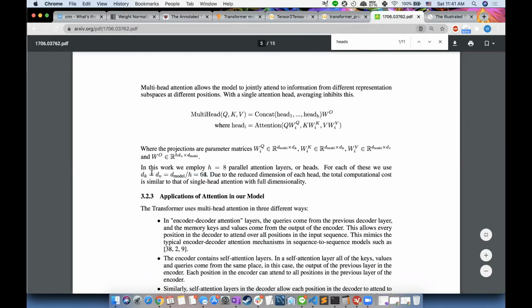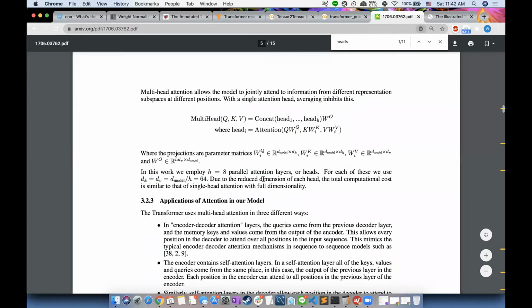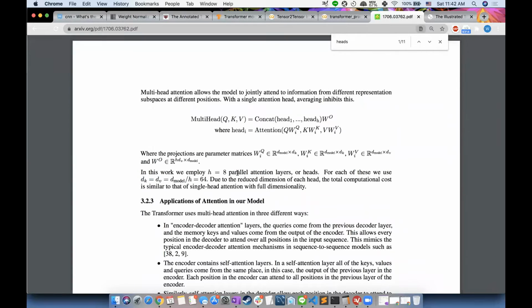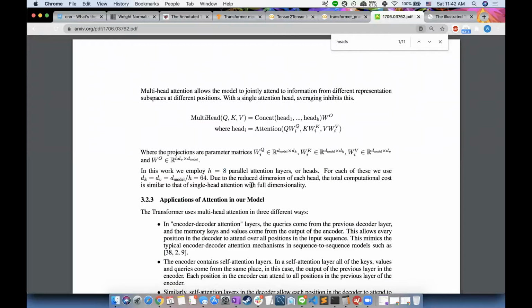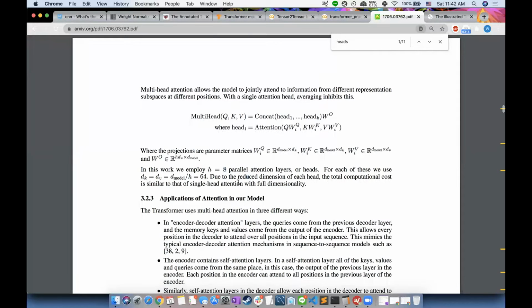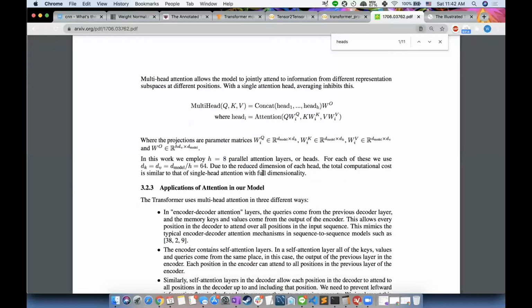And 64 equals dk and dv. So yes, I agree, they just employ 8, and that's a hyperparameter. But you have to make sure 512 can be divided by it, and it could be another number that 512 can be divided by.